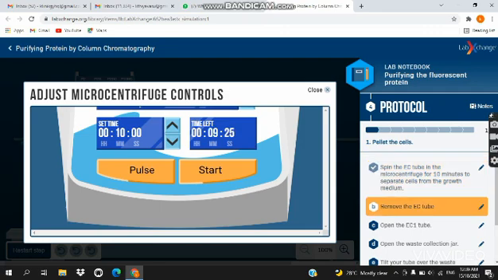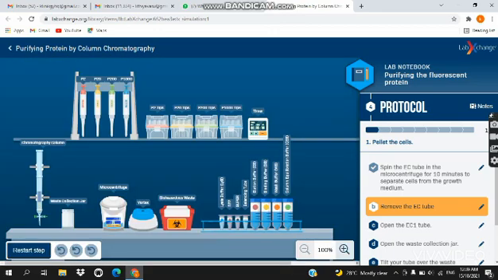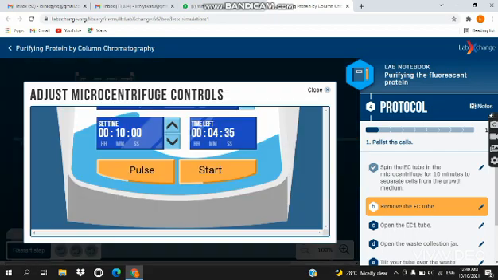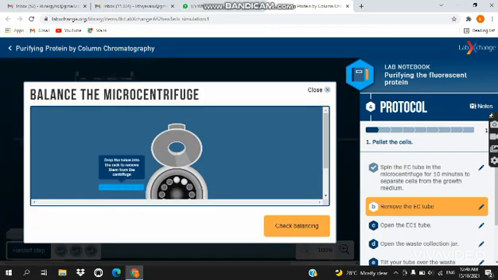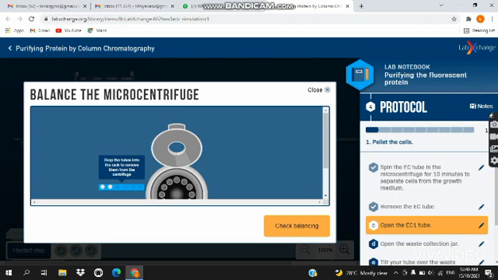And then, next step, after you centrifuge, we remove the EC tube and place it back into the solution rack.